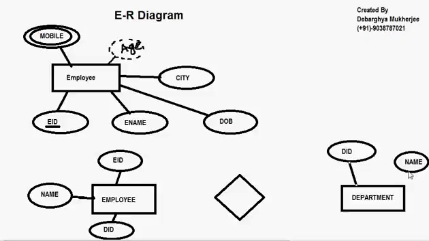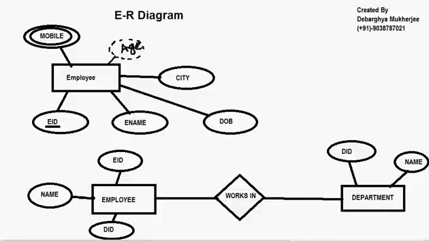Now we know that one employee works in one department. So this is the relationship between employee and department. We are going to connect them through this diamond, and we are going to write the relationship name there: employee works in department.